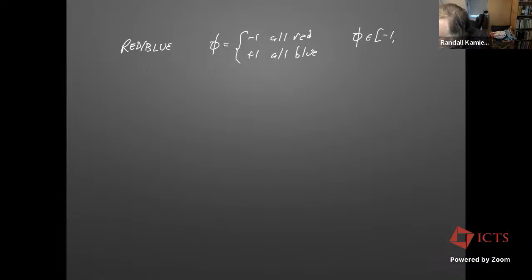So you have red, you have blue, and you have this phase field phi. Phi is equal to -1 if it's all red, and +1 if it's all blue. All right, so phi lives in the space [-1, 1].